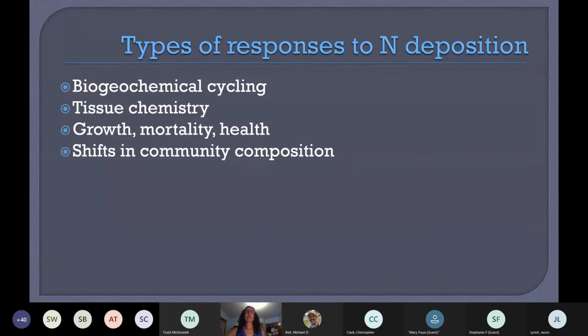So the types of responses to N deposition that we see are shifts in biogeochemical cycling, alterations in tissue chemistry, changes in growth, mortality, or health, and shifts in community composition.